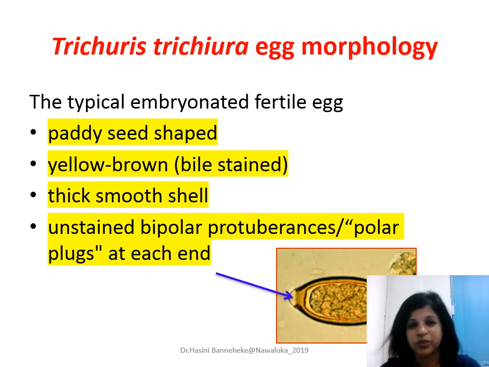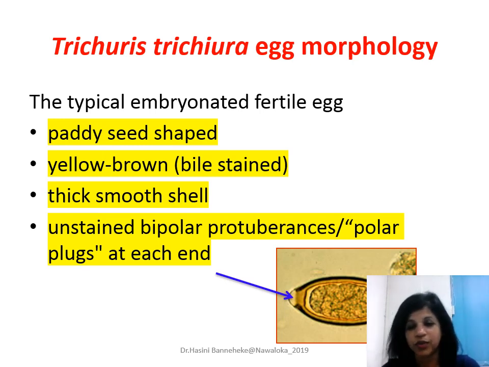So what I showed you was a Trichuris trichiura egg, and you could see the paddy seed shaped egg, which was yellow brown because it's bile stained, and it has a thick wall. You could see that the wall is smooth. There are no protuberances or mammillated appearance.